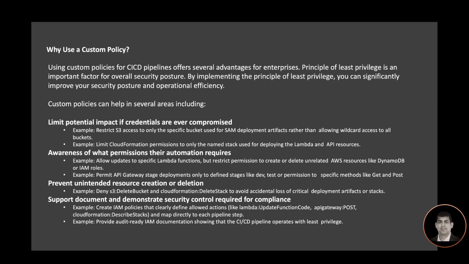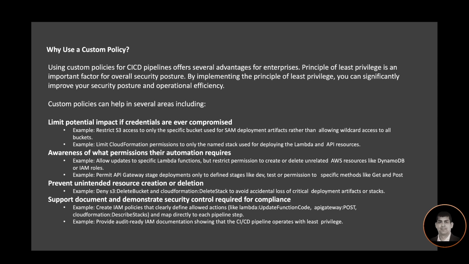Custom policies can help in several areas, including limiting the potential impact if credentials are ever compromised. An example is restricting the S3 access to only the specific bucket used for SAM deployment artifacts rather than allowing wildcard access to all buckets. So if a credential compromise happens, you are not risking all your S3 buckets.